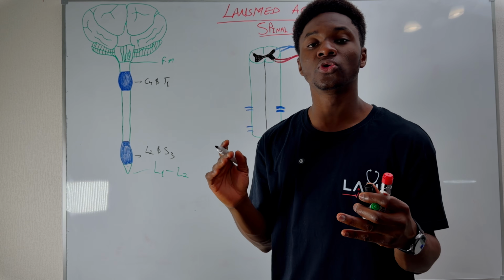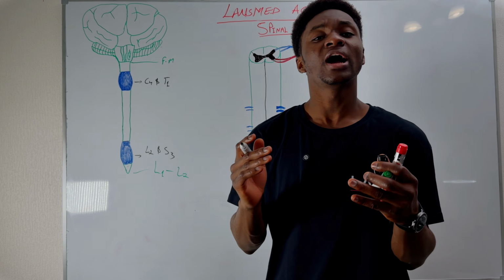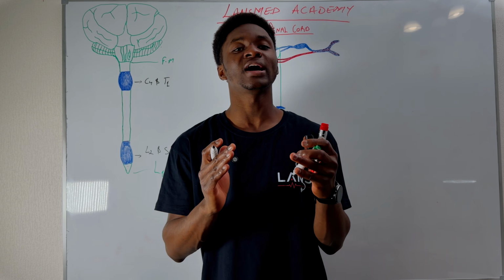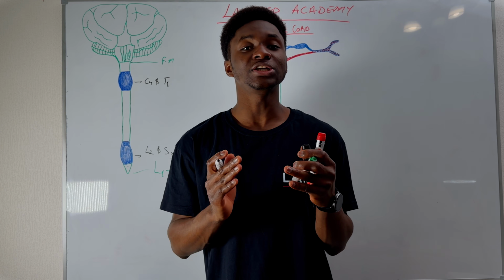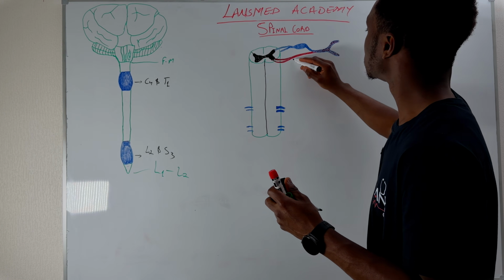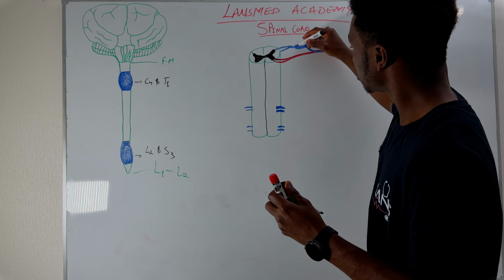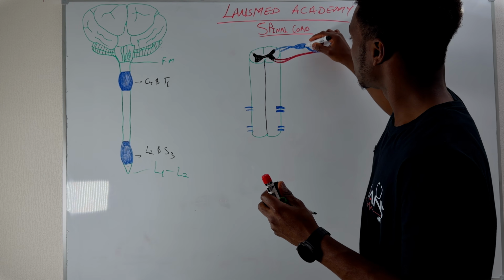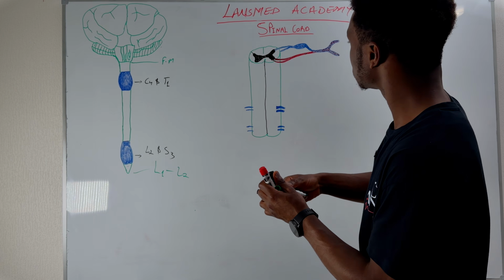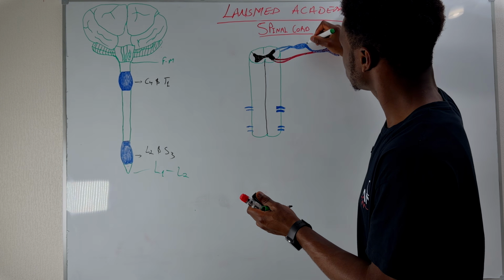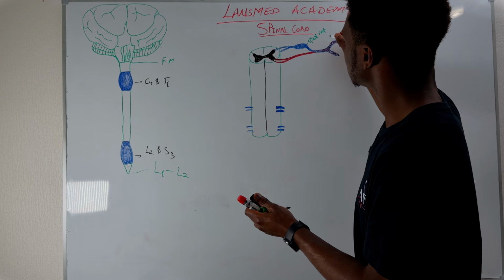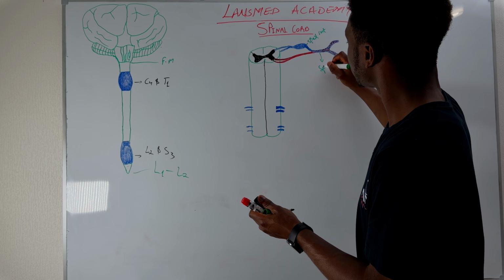And the next thing we'll also look about in the spinal cord: how many segments does the spinal cord have? The spinal cord has 31 segments, and each of these segments is formed from a pair of spinal roots. So here you have your spinal roots, and this is your spinal root, and this is your spinal nerve.